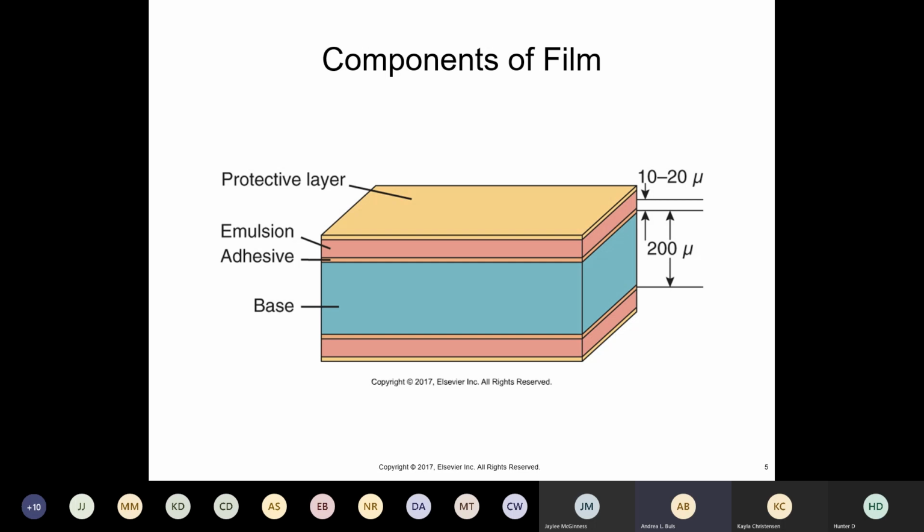And on both sides, because our film that we use for x-rays is double emulsed, it has the same thing on both sides of that film base. So on both sides, we've got adhesive, and then we've got emulsion on both sides, and we've got a protective layer on both sides.